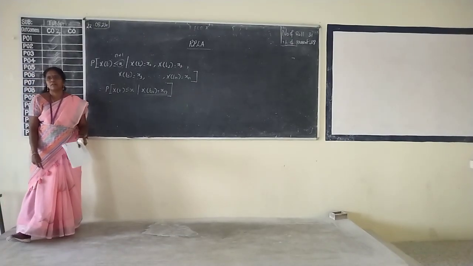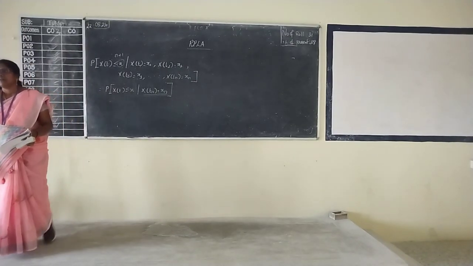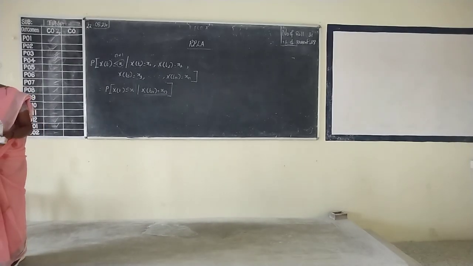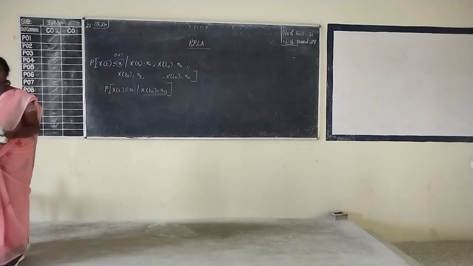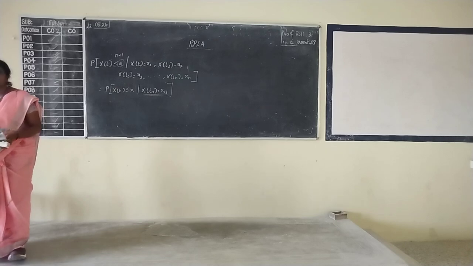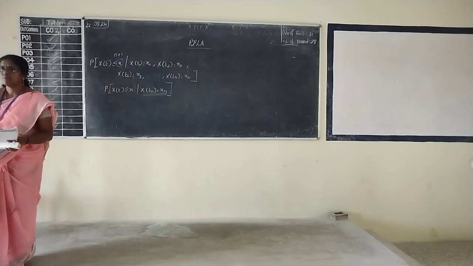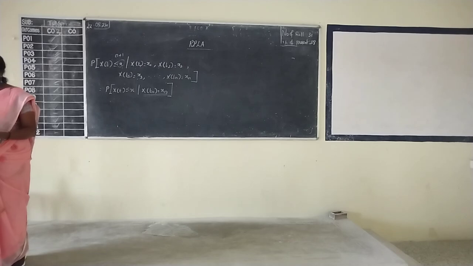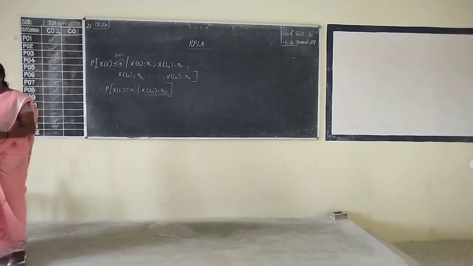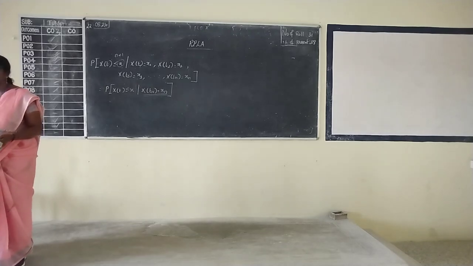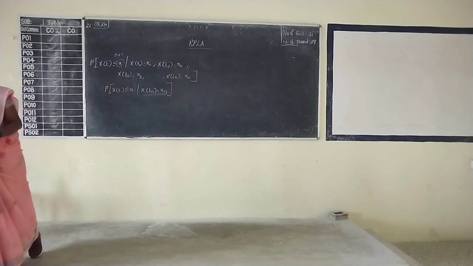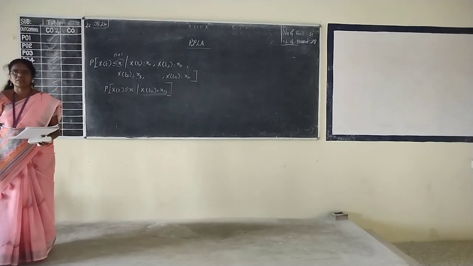if the future value depends only on the present state, but not on the past state, it is called a Markov process.